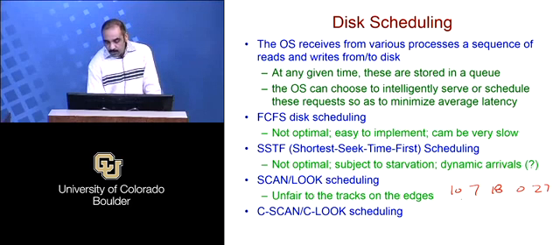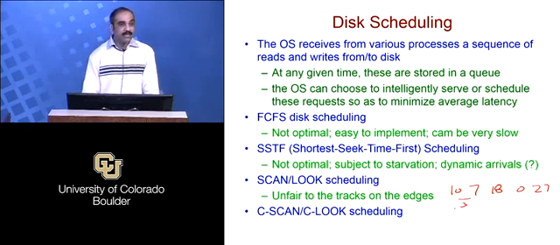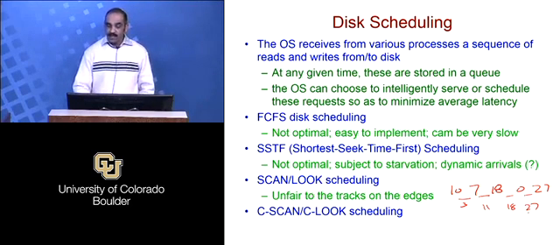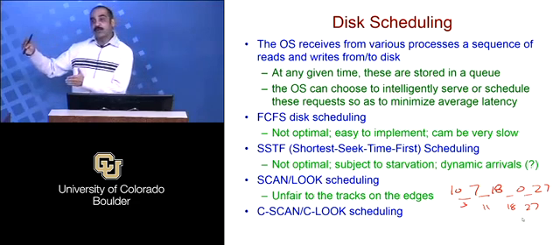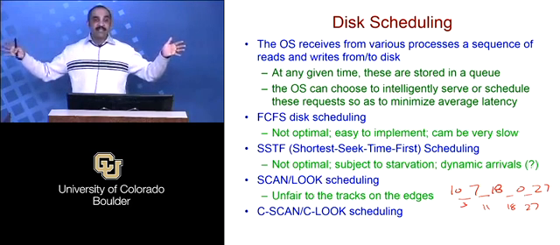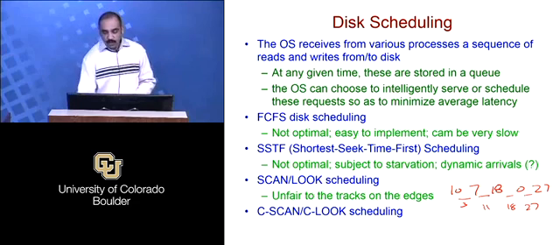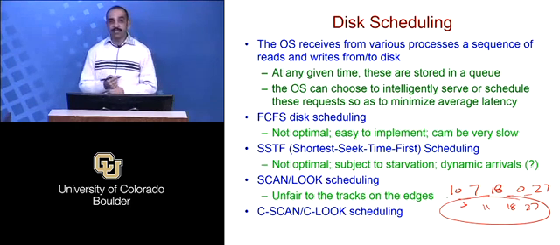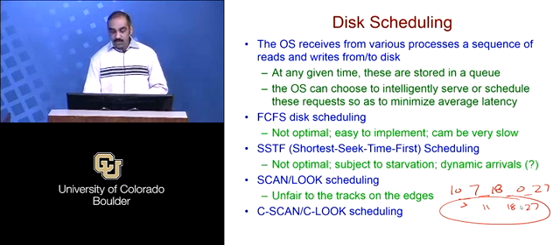From 10 to 7, it travels a distance of 3. From 7 to 18, a distance of 11. Here a distance of 18. Here a distance of 27. The distance translates to seek time: the more the distance, the more the seek time. So you want to minimize the average value of that. In the case of FCFS, this is what your total seek time will be. You just add them up.